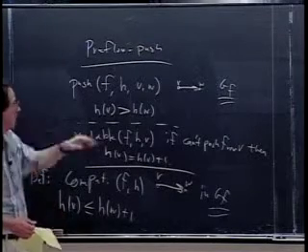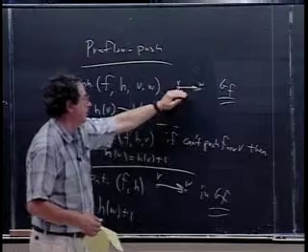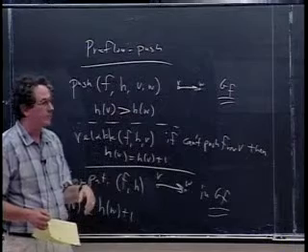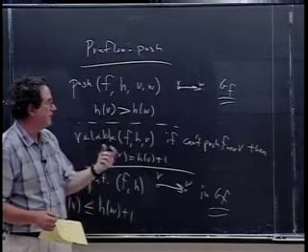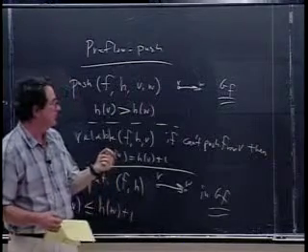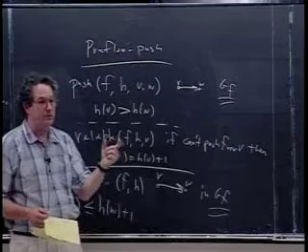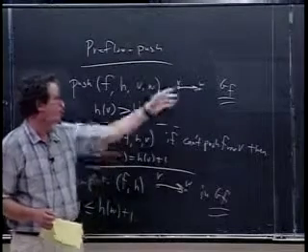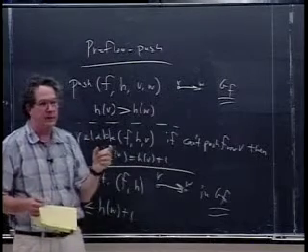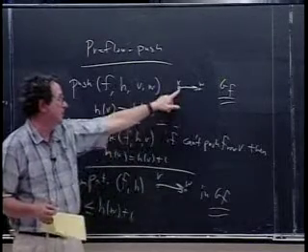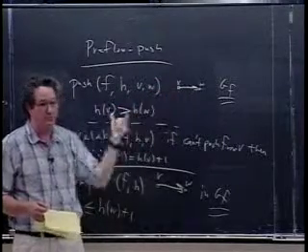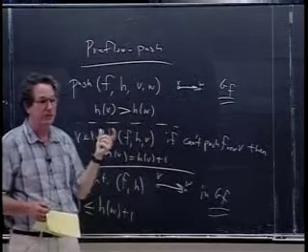Well, I argued earlier that there's going to be some edge out of V in the residual graph. I guess I should have proven this by induction, that if a node V has excess, you will have an edge out of V in the residual graph, if only because if you look at the last edge that pushed some flow into V, the residual edge for that push will be in the graph.